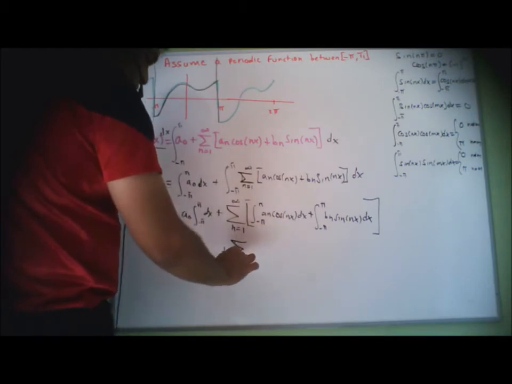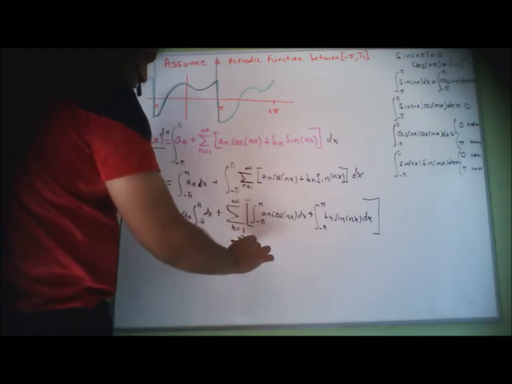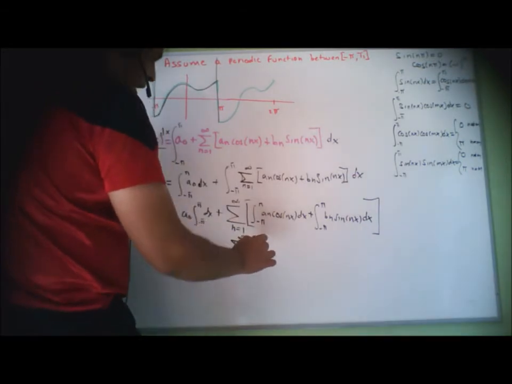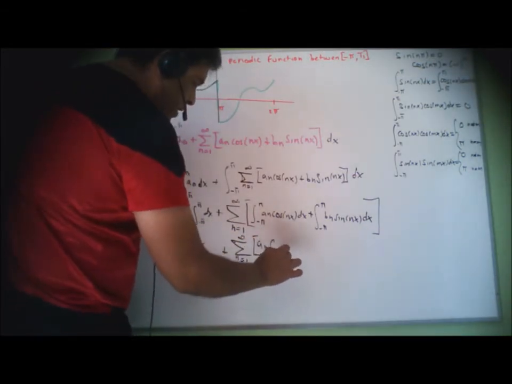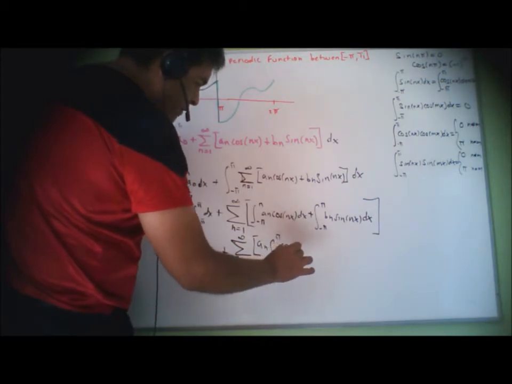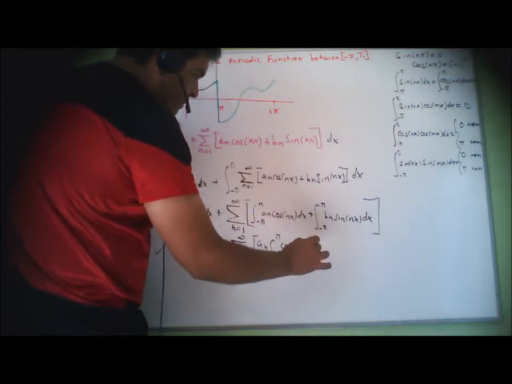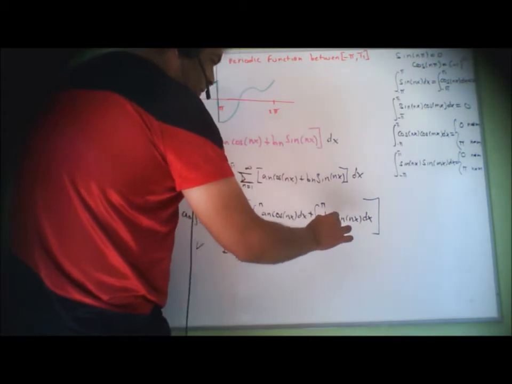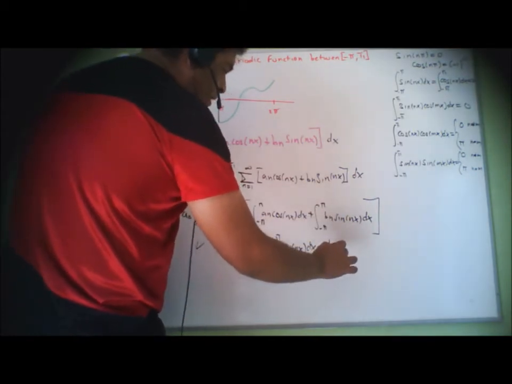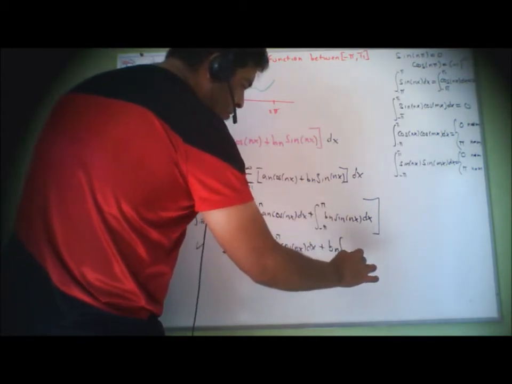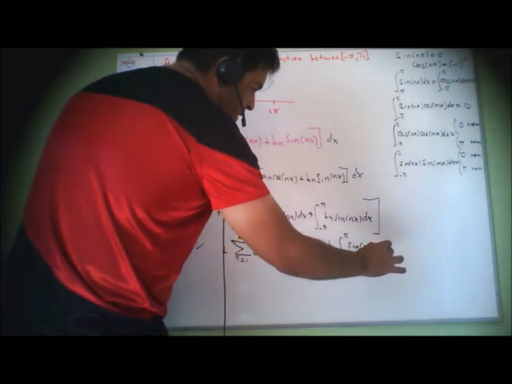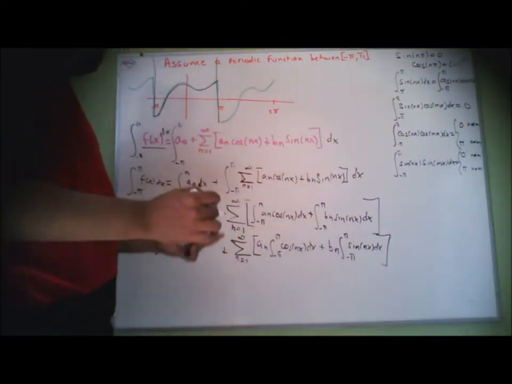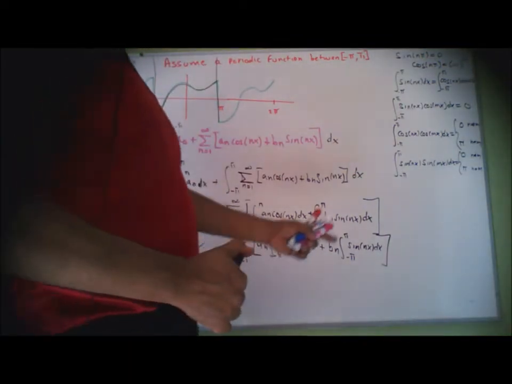The summation of n equal to 1 to infinity, with an outside, of the integral from minus pi to pi of cosine of nx dx, plus bn taken outside of the integral, bn times the integral from minus pi to pi of sine of nx dx, and then you close the summation. Here is why we need these formulas.